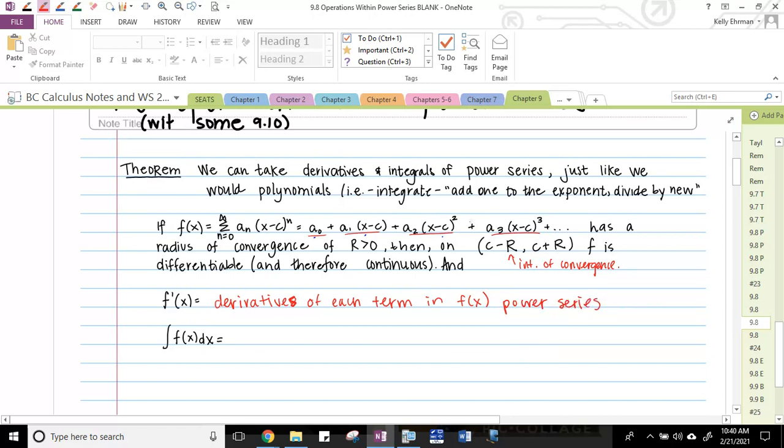Since they're all going to be some sort of polynomial term, you're just using the power rule here. It's nice and easy. Maybe a little chain rule depending on what your x minus c is.